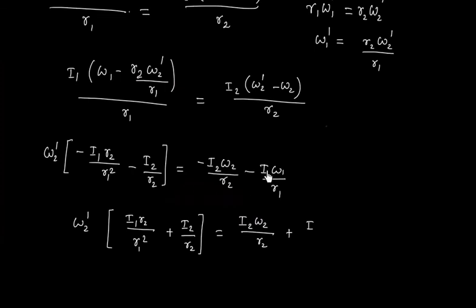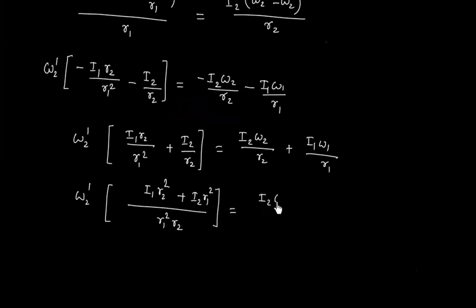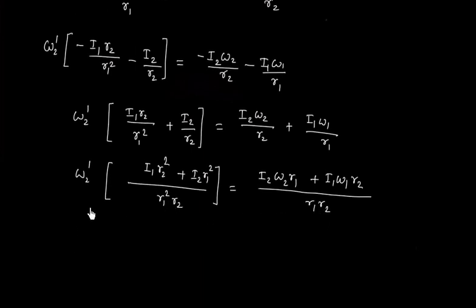This is I1. Now let us take the LCM. So finally we will have omega 2 dash equal to... R1 R2 cancels.